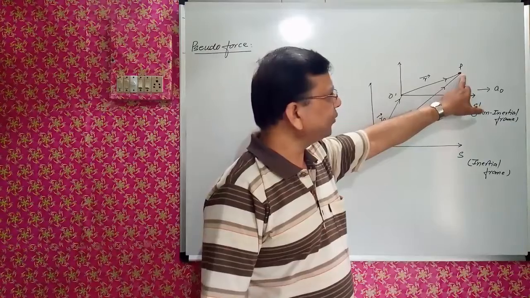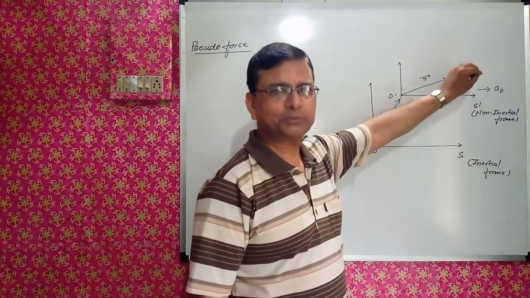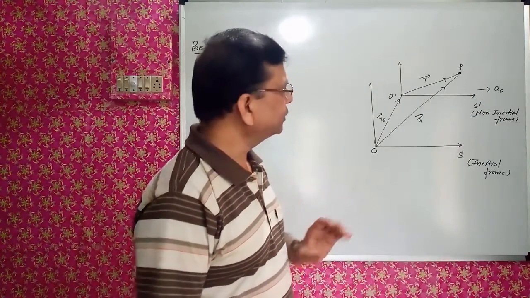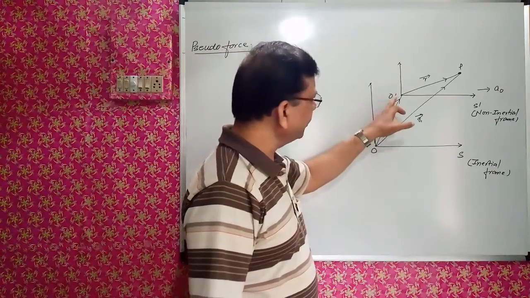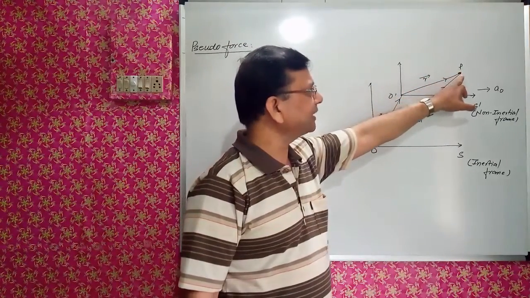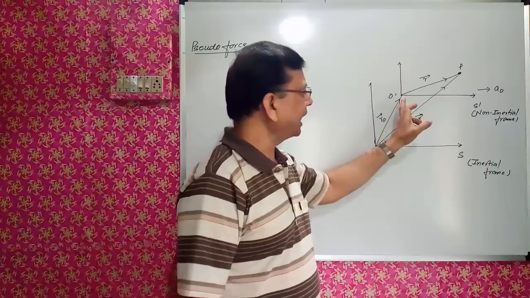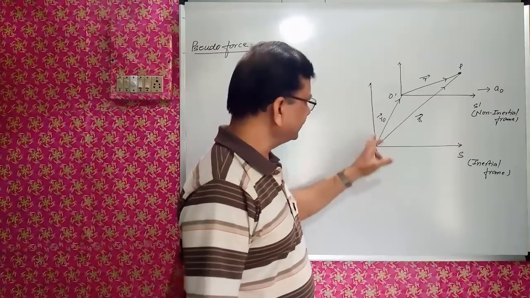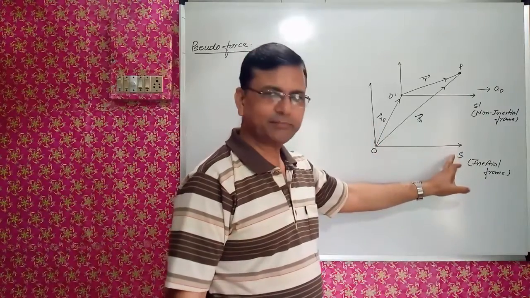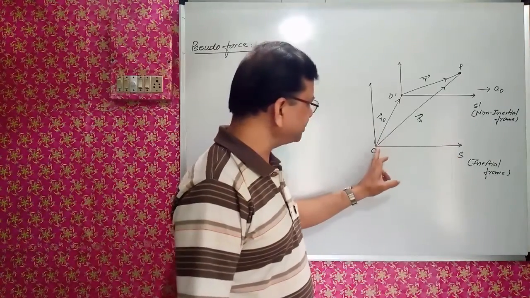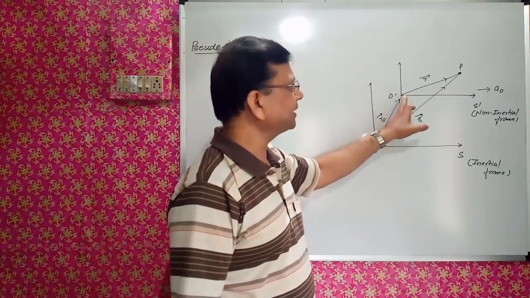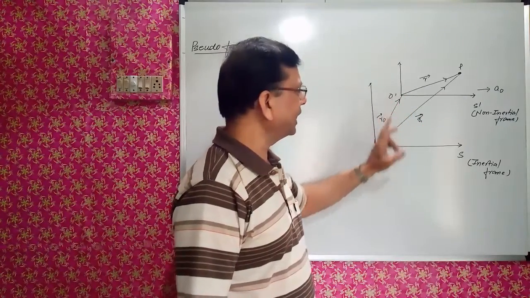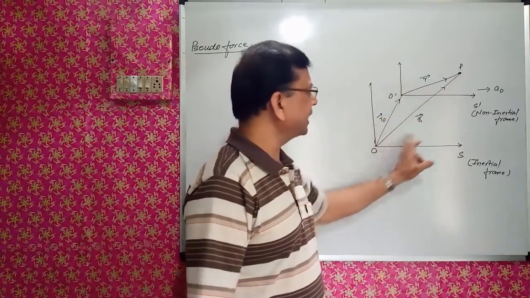If it is a point mass, the mass is kept at the position P. With respect to O dash, the position vector of P is R, and O dash is the origin of this frame, while this is the origin of the inertial frame S. With respect to this, the position vector of O dash is R0 and the position vector of P is R1.